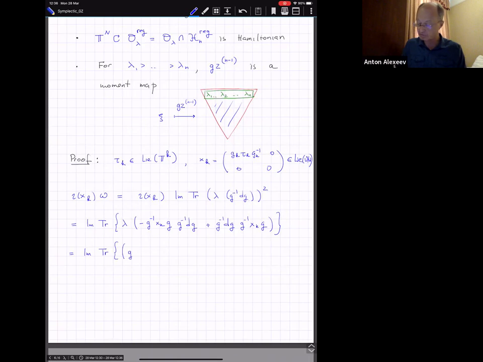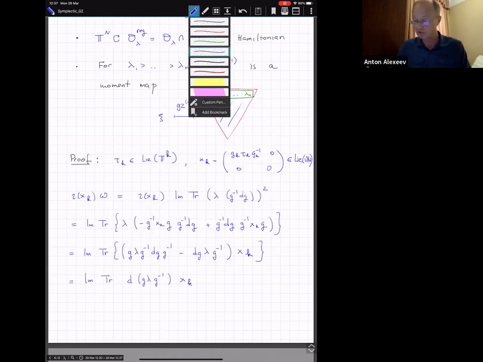So it is g λ g⁻¹ dg g⁻¹ minus dg λ g⁻¹ xK. I'm just rearranging terms, and this is equal to imaginary trace, and here dg λ g⁻¹ times xK. Right. Okay, good.